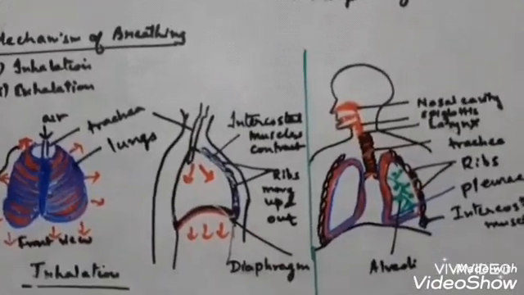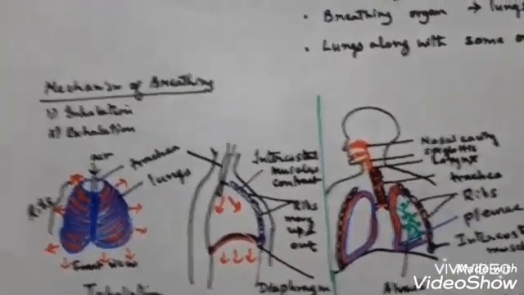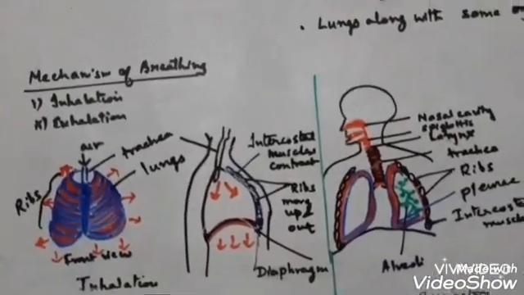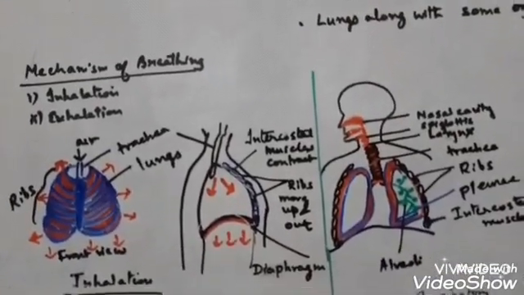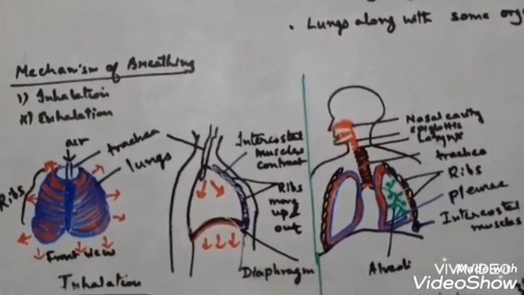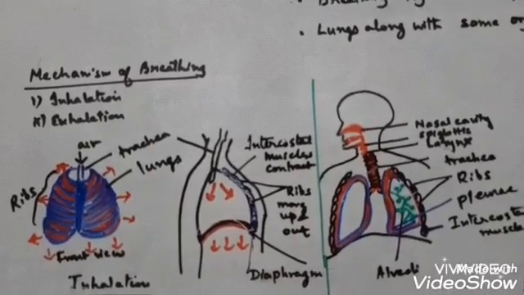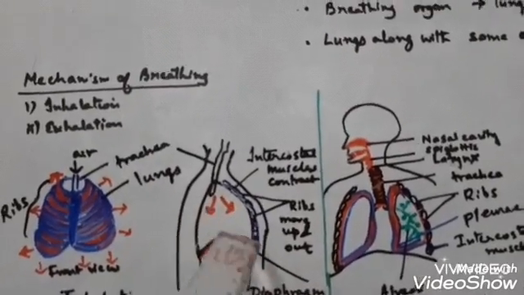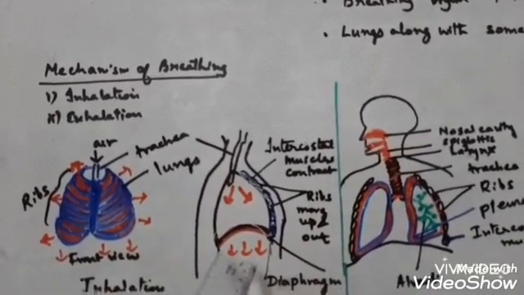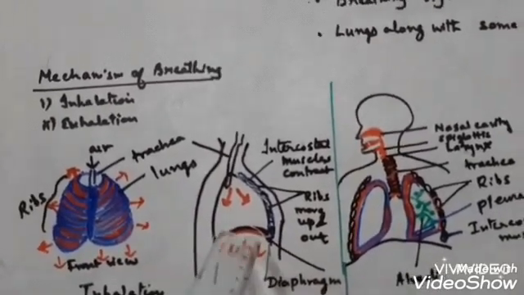Inhalation or inspiration is an active process. Why am I saying active process? Because it is an energy-dependent process, or you can say an energy-requiring process. During inhalation, the contraction of the diaphragm and the intercostal muscle takes place.